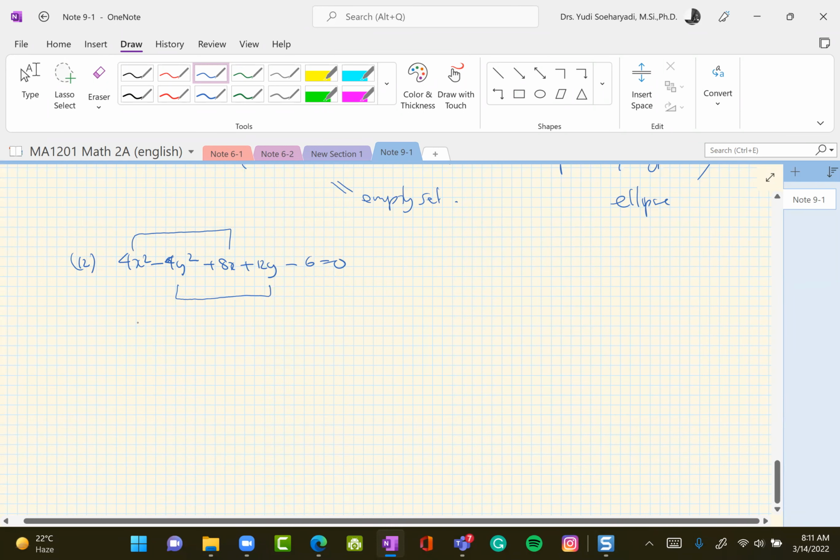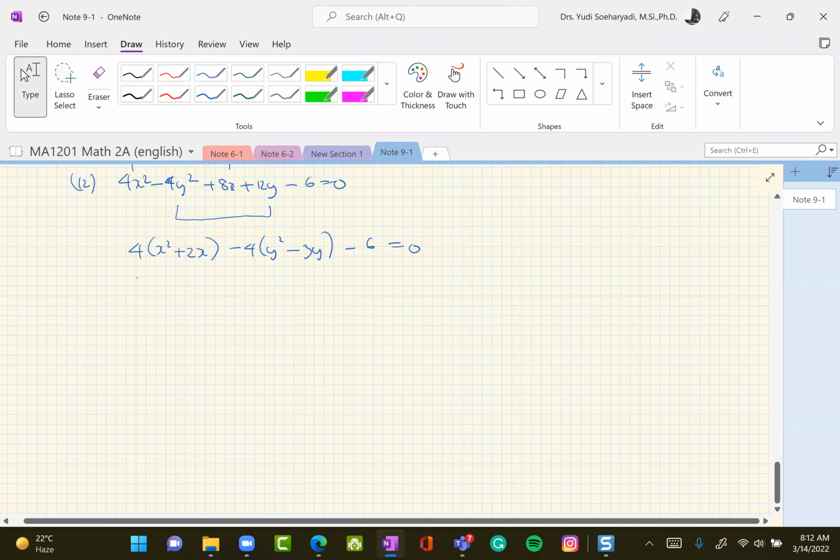So you take the 4 out, and then take also, because it's negative, the y term.